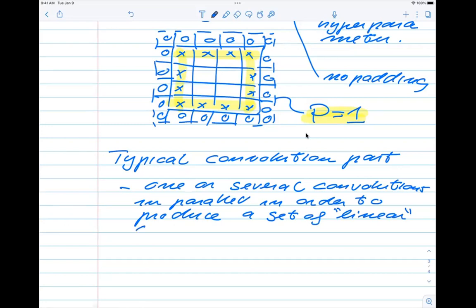So a set of linear results, which are then fed into these activation parts or this ReLU part, a so-called activation part.